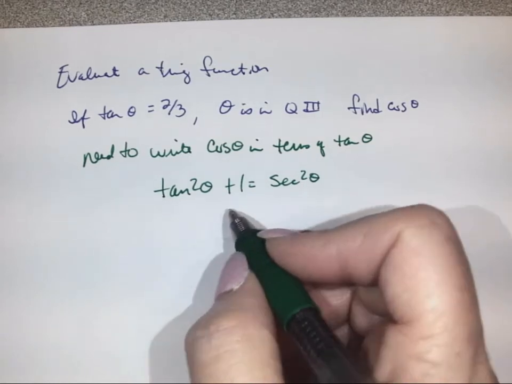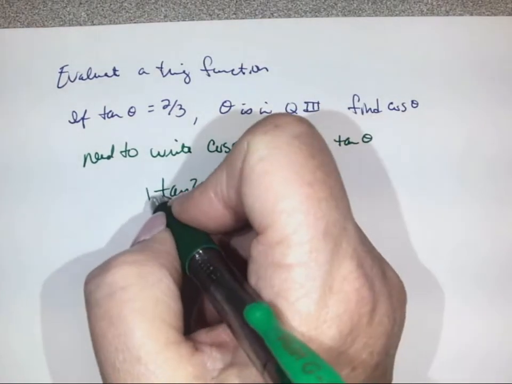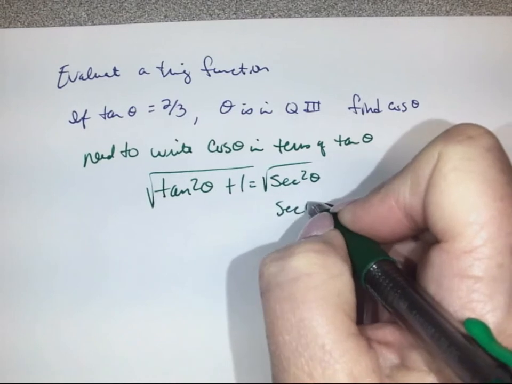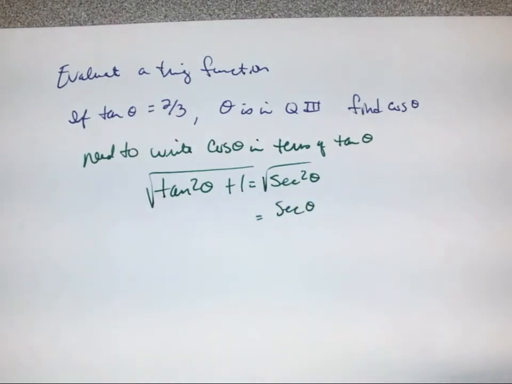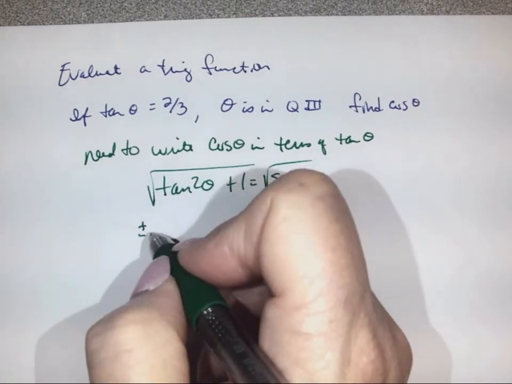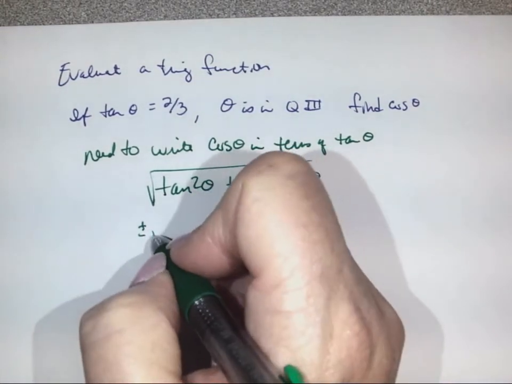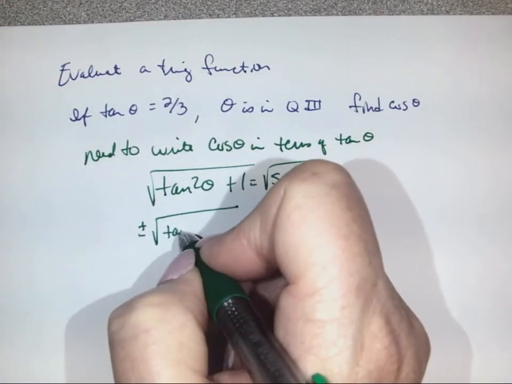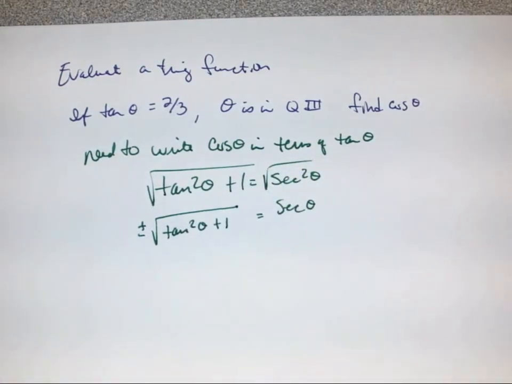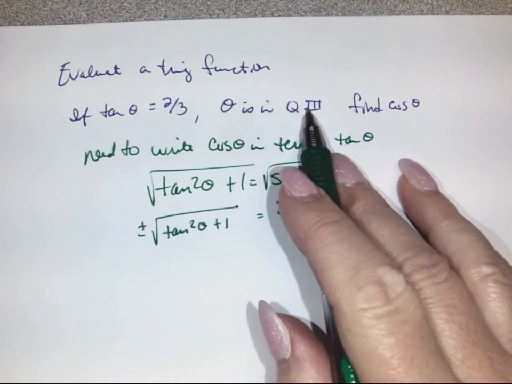So we can solve for secant. We can take the square root of both sides and get that secant theta is equal to plus or minus the square root of tangent squared theta plus 1. But we were told we're in quadrant 3.